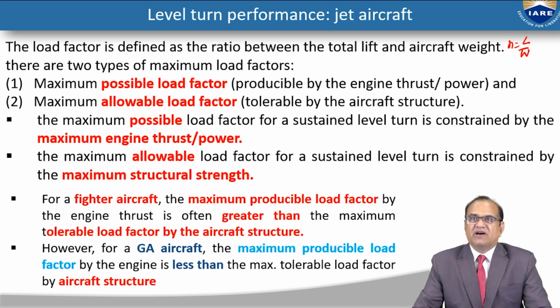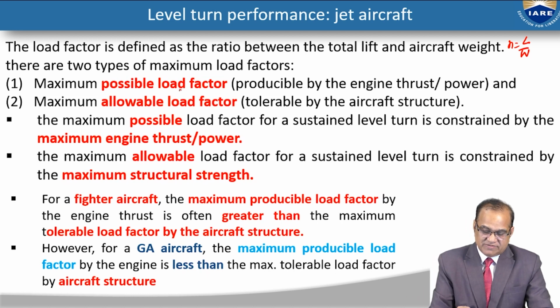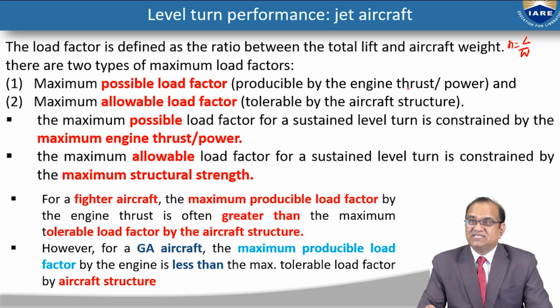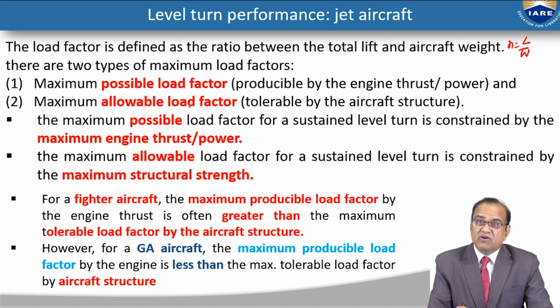There are two types of maximum load factors. Maximum possible load factor produced by the engine thrust or power, and the maximum allowable load factor tolerable by the aircraft structures.